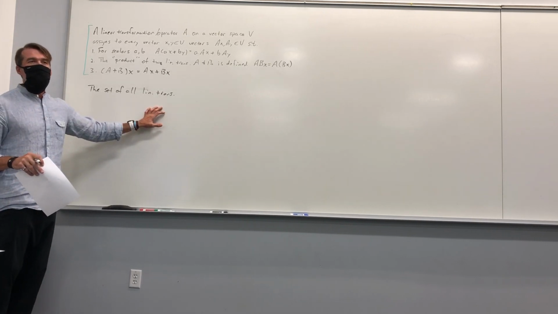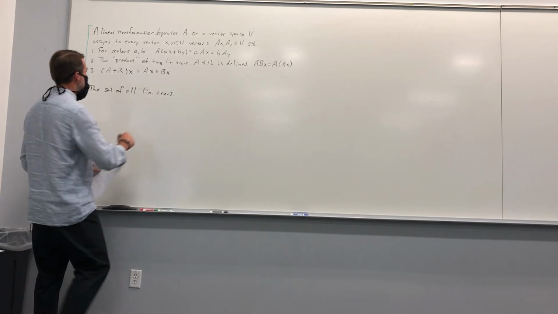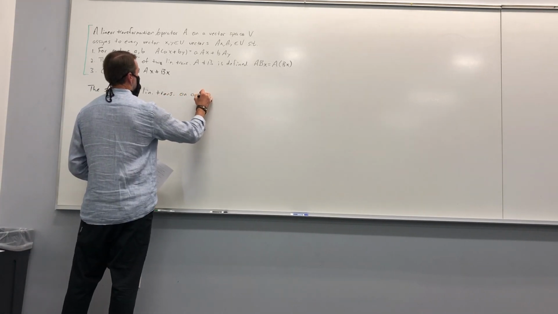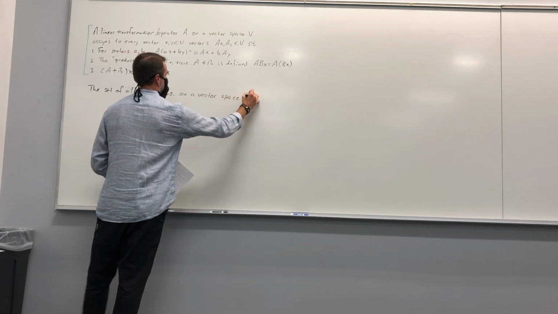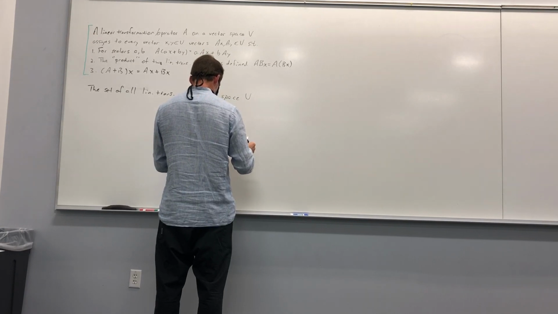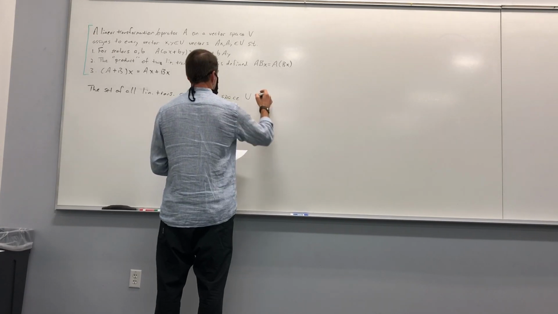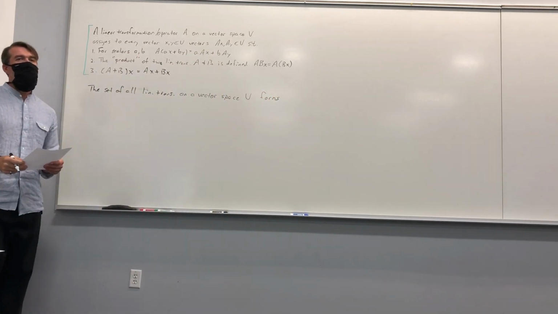If I take a vector space and I consider all linear transformations on the vector space, what do you think they form?